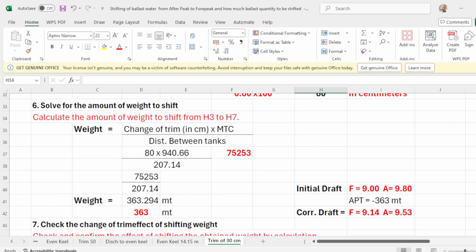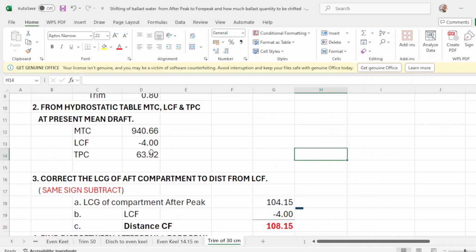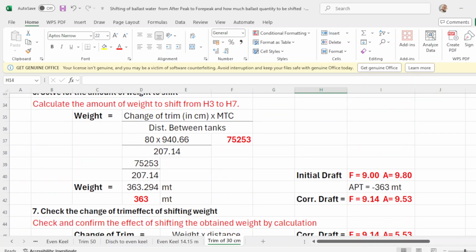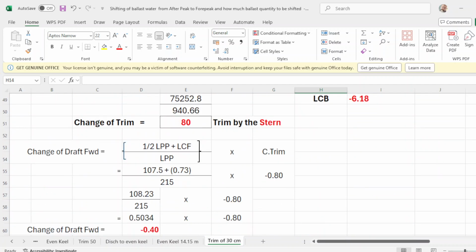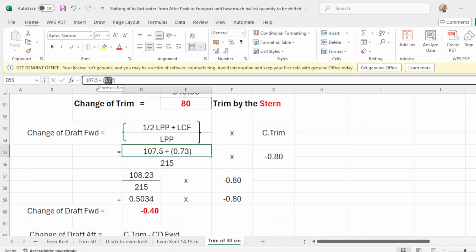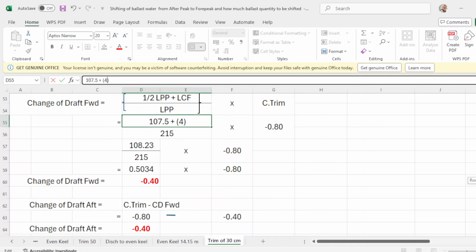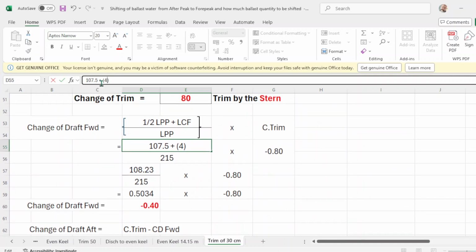What is your LCF? It is 4 meters. So you put here 4 meters. Is it positive? Negative. That will be negative.